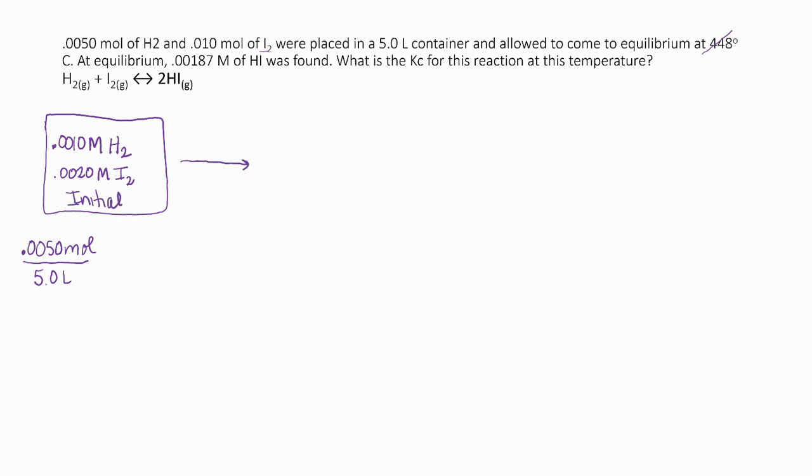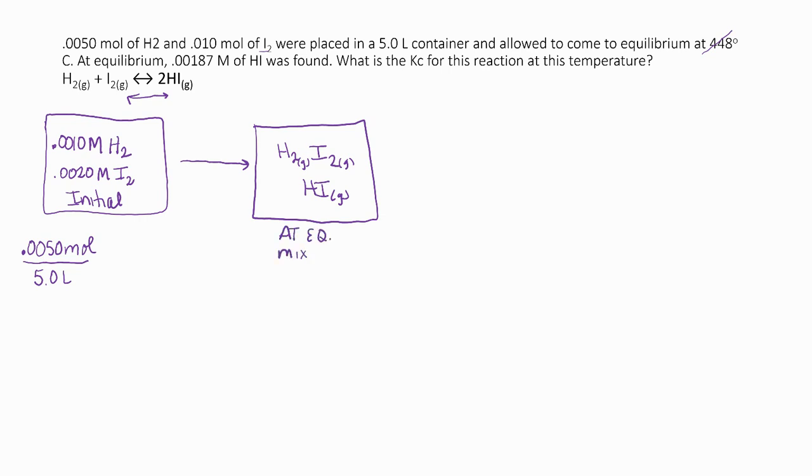And after it sits around and reaches equilibrium, we're going to end up with a mixture of H2, I2, and HI. That's because the product forms and then comes back, and then the rates equalize. So at equilibrium, we have a mixture of all three.